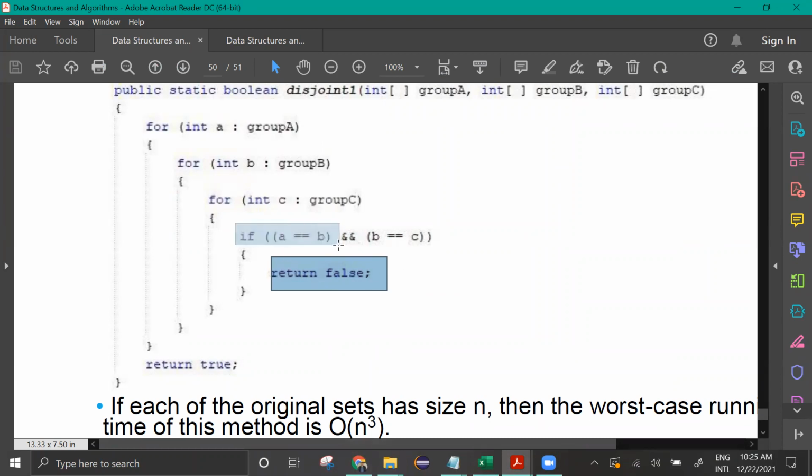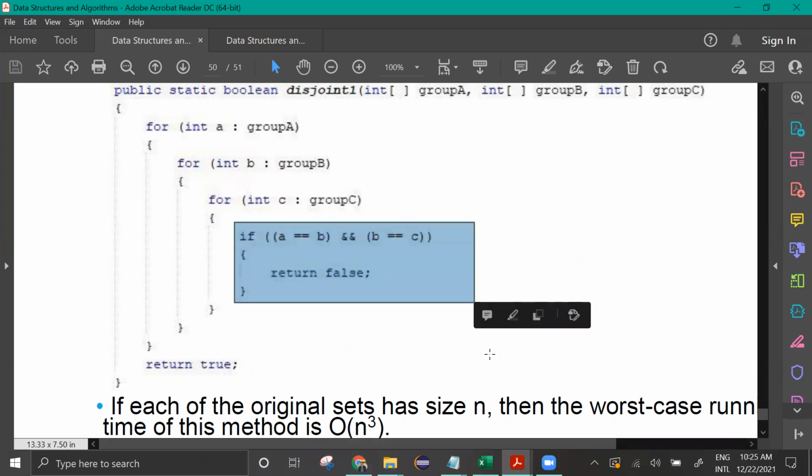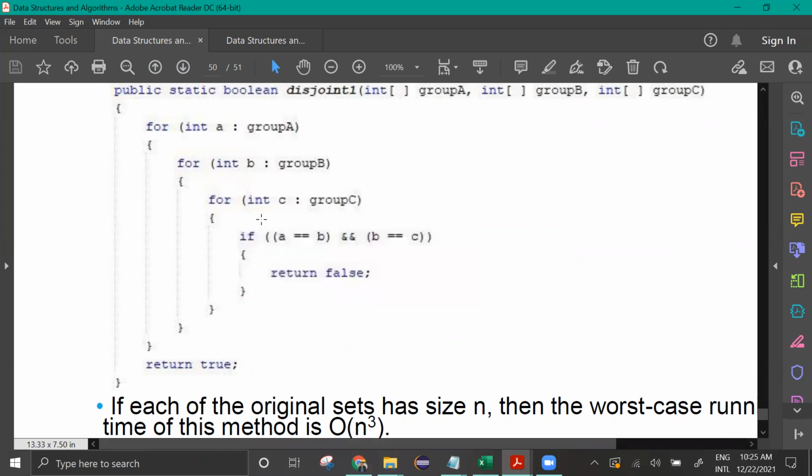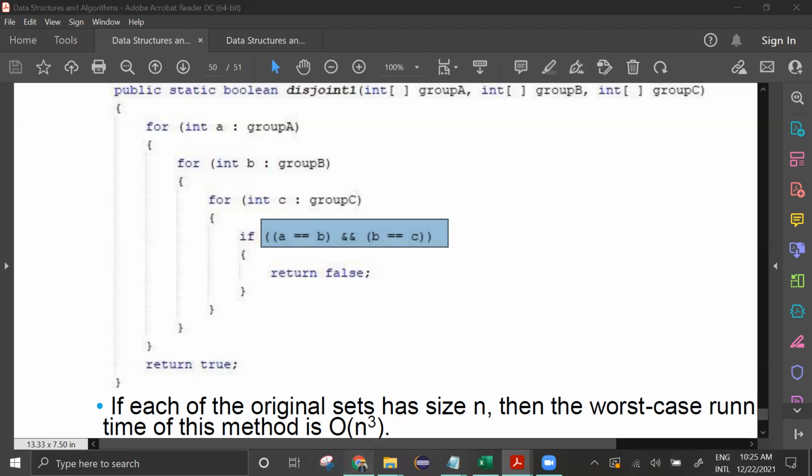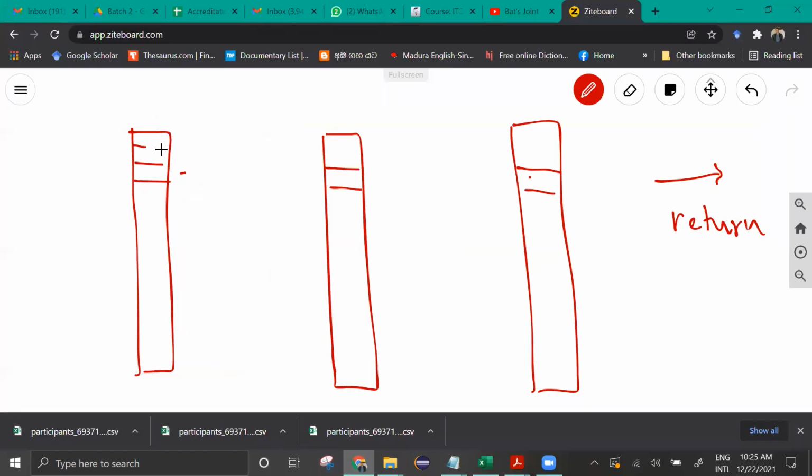If A equals B and B equals C, we return false. If this condition occurs, it could occur at any time. It could occur when we are checking the first one.